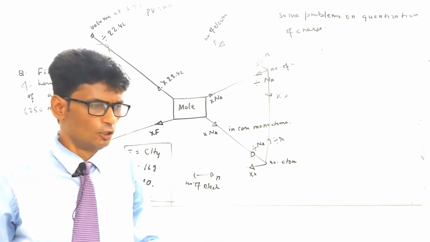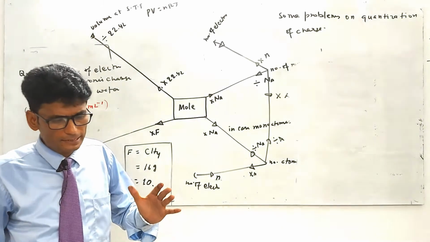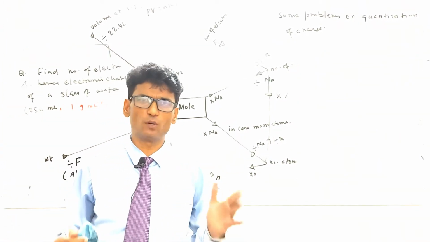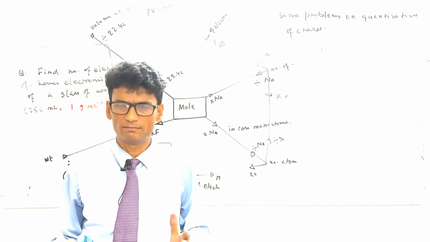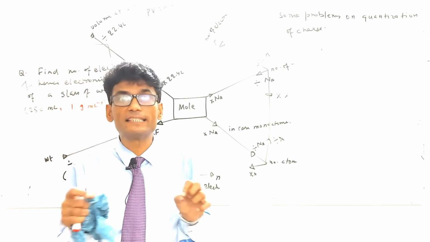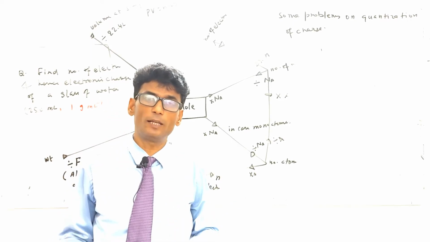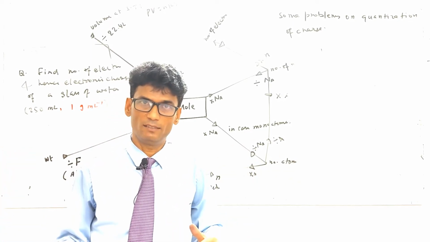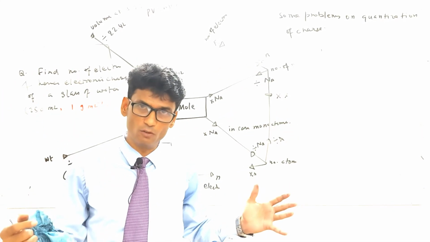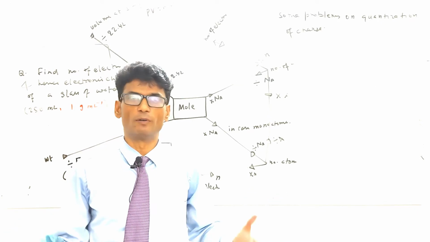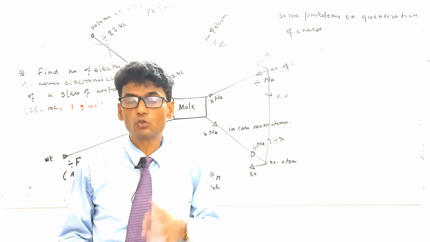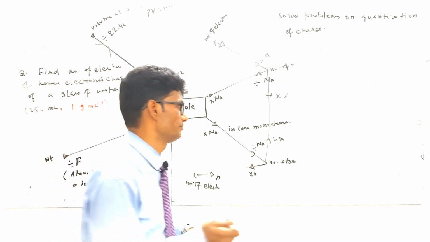To understand this, we take a cube of inner edge length 1 centimeter, fill it completely with water. As we know, volume of a cube is edge length raised to the power of 3, so this becomes 1 cubic centimeter.